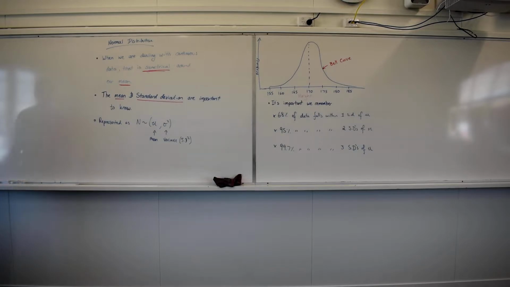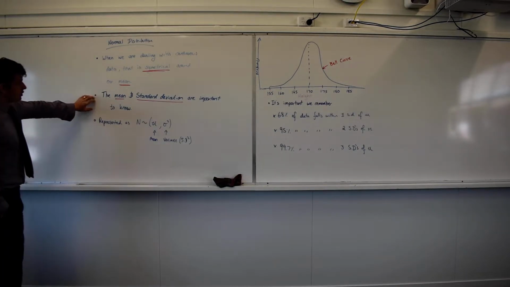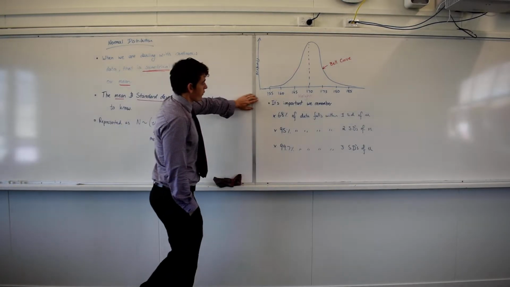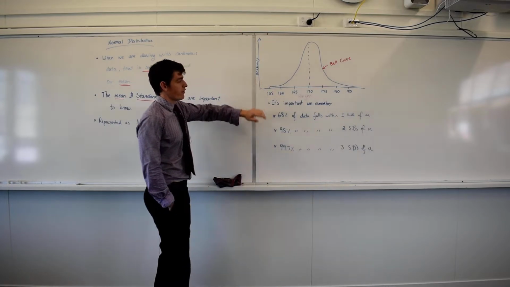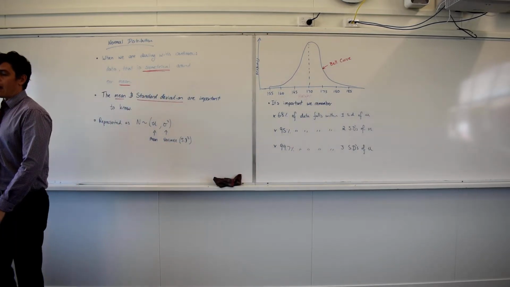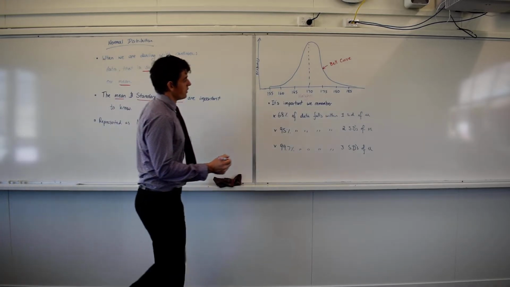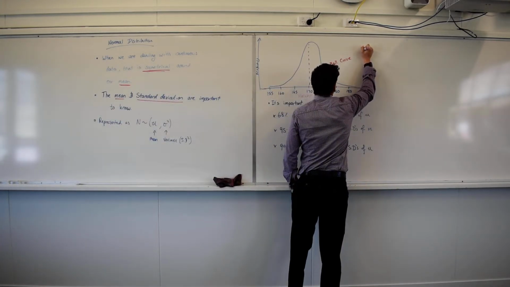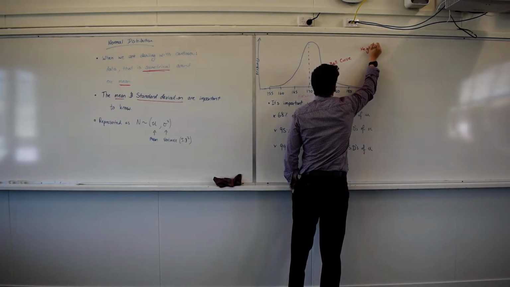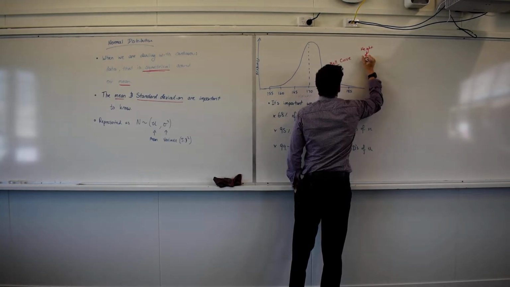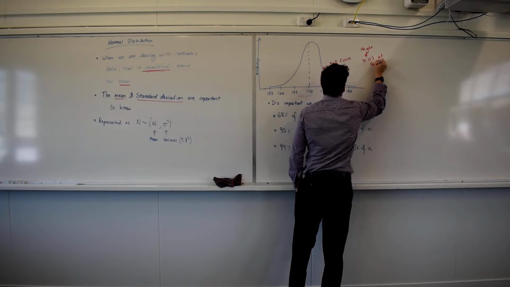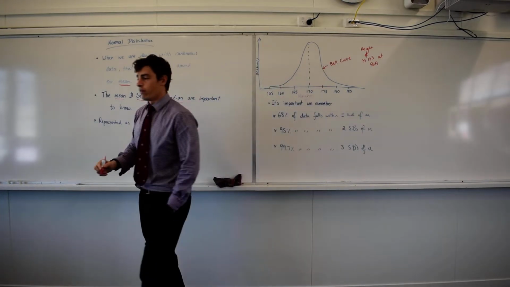So if I think about this distribution here, where I've got my height versus my frequency, this could be the average height of Year 12 students over the years, or the height of Year 12 students at St. Pat's. Or Year 12s across Mackay. Let's just call it across Mackay, right?